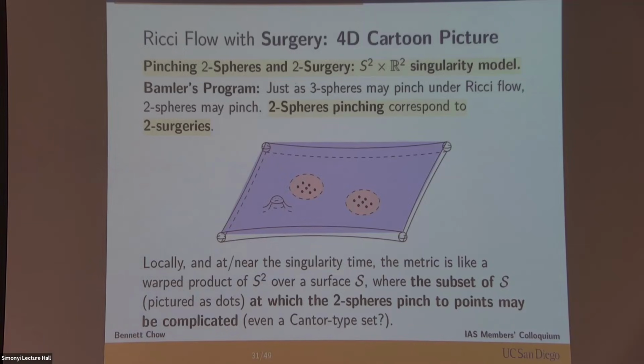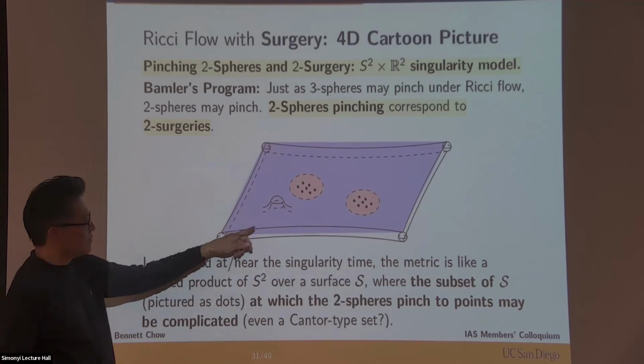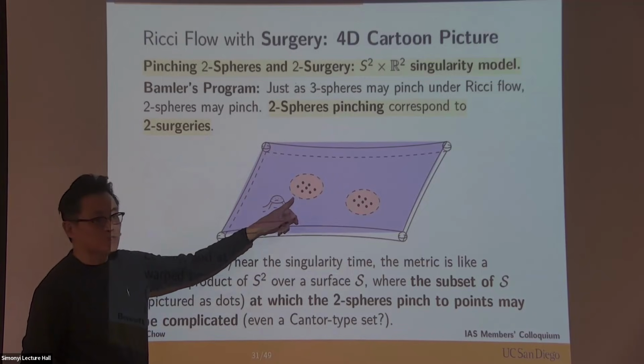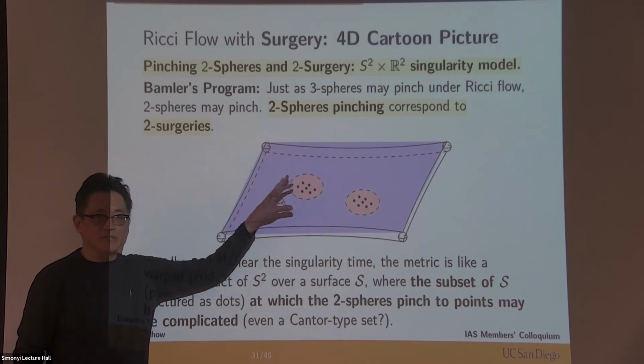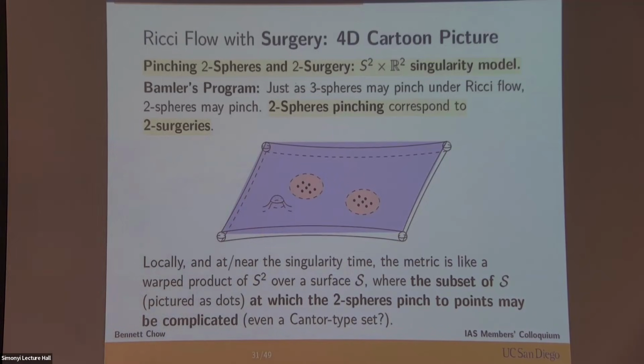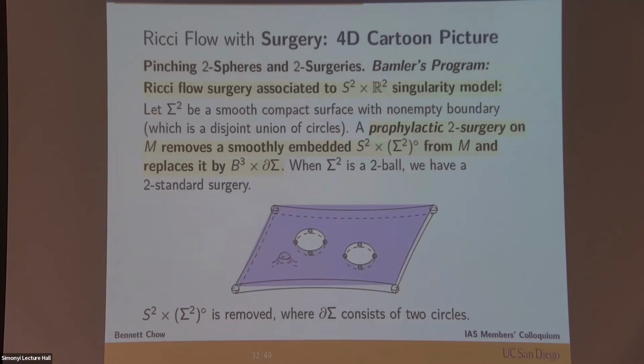So the idea is it's reasonable to expect a surgery where here I removed some two balls cross S2, but those could be surfaces more generally. They could have topology there. And the idea is you can cut that out and then try to glue in something in surgery. So there's a generalization of two surgeries you can do as follows.